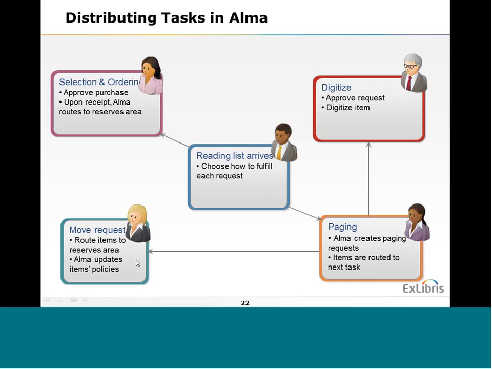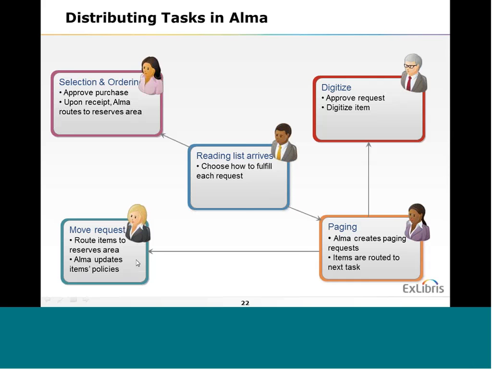Just to recap, the advantages of system-managed workflows are, first of all, it allows for overall automation where staff intervention is not needed. It focuses staff on the activities that require human mediation in making decisions. It allows for precise monitoring of stages in end-to-end workflows, and it allows for allocating staff to the steps where bottlenecks are occurring.